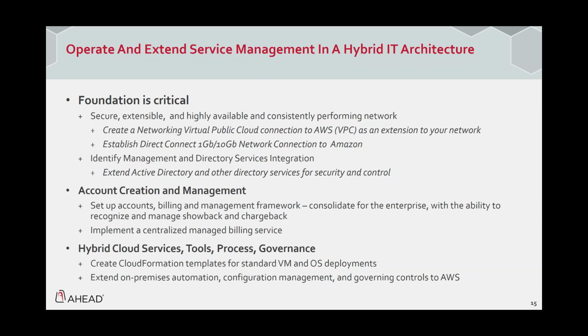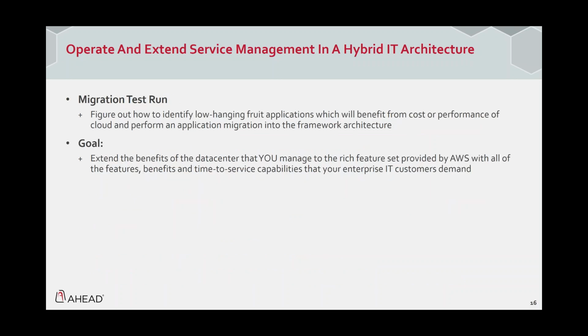Public cloud is best to automate everything. You're removing a lot of the manual stuff, and that's how you get go-to-market speed. Then extend your on-premises automation, configuration management, and controls out to AWS as well, so you can manage everything properly. Then obviously you want to do a test run, find some low-hanging fruit, applications that you can test with.